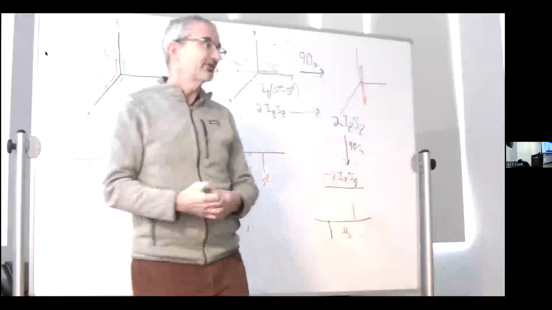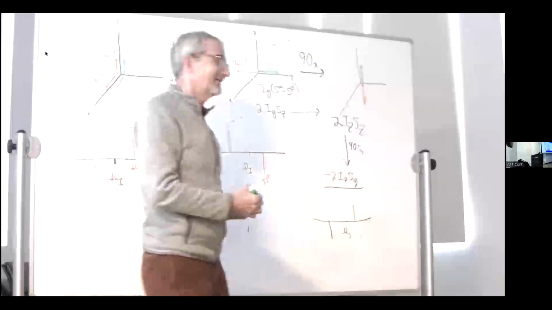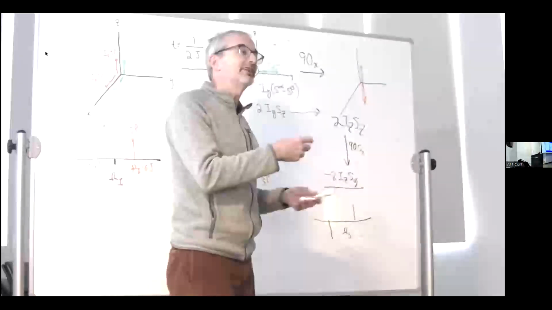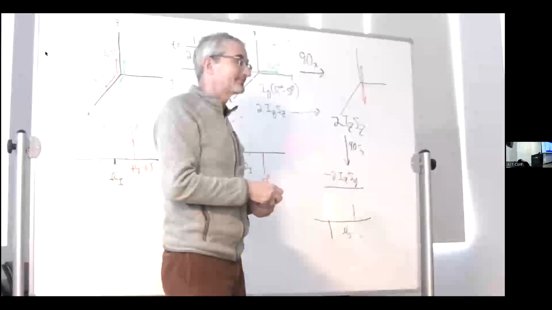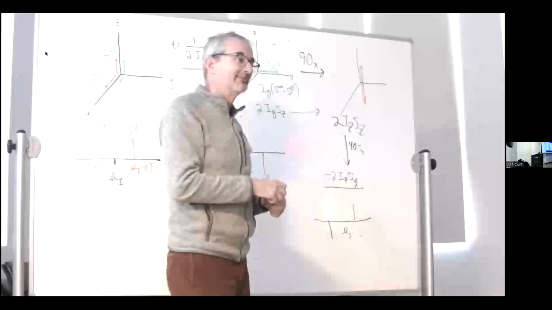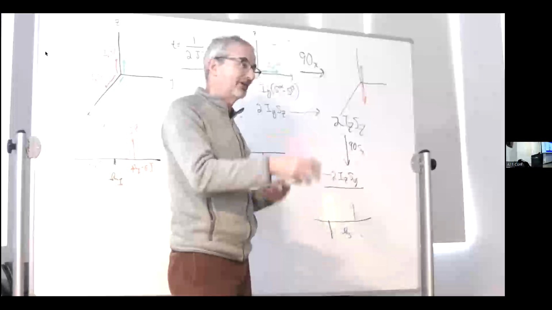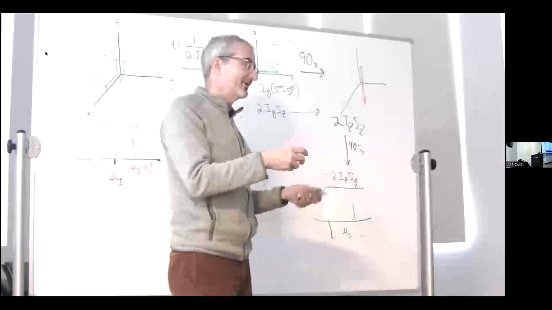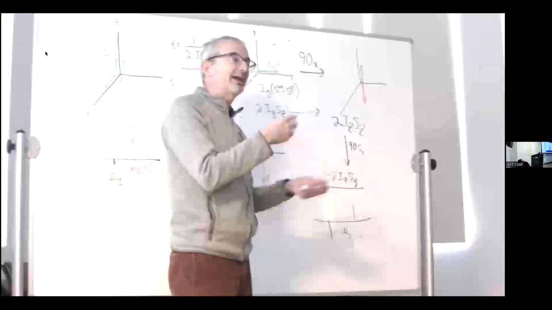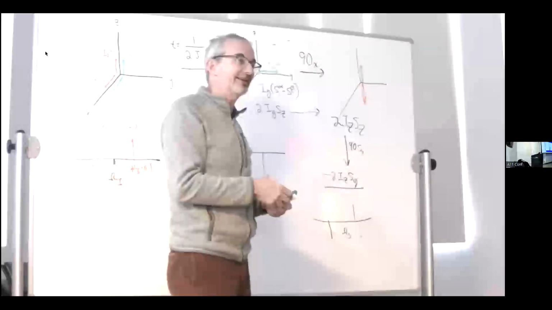And while in some experiments it's not so obvious that this is happening, anytime there's coherence transfer from one spin to another, it invariably has to happen through some symmetric state.